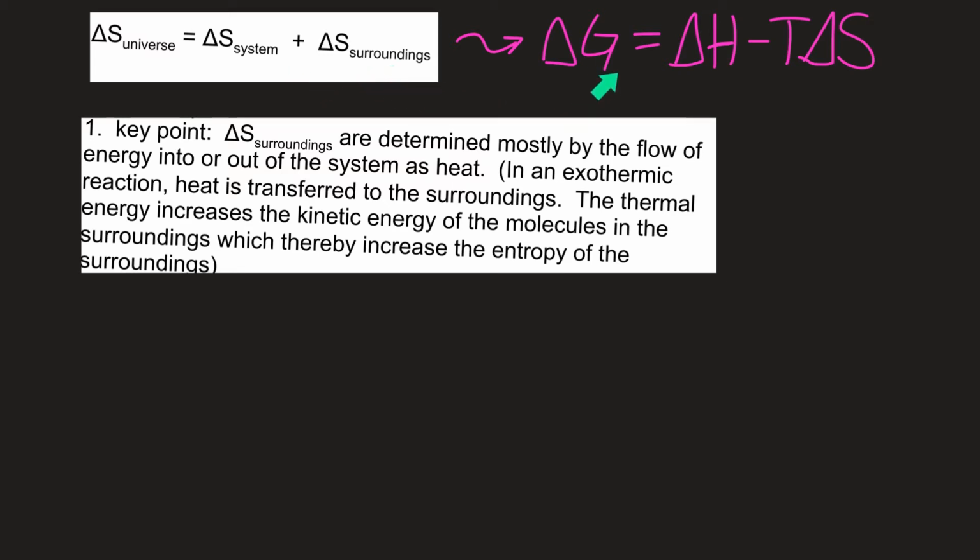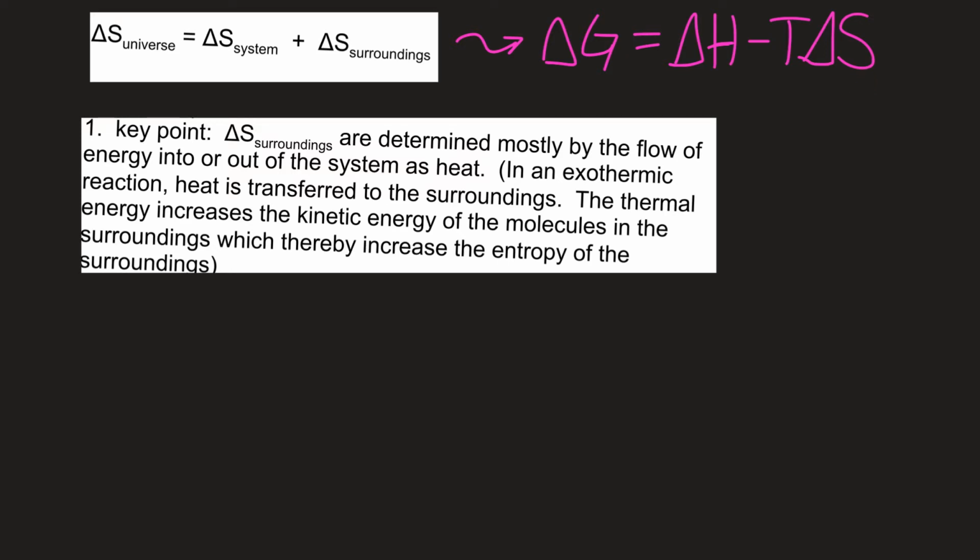If you don't see anything as a subscript, it means that it's for the system. So anytime you write delta G, it's always free energy of the system is equal to enthalpy change of the system minus T entropy change of the system. Okay, so these are all SYS, we just didn't write them there.